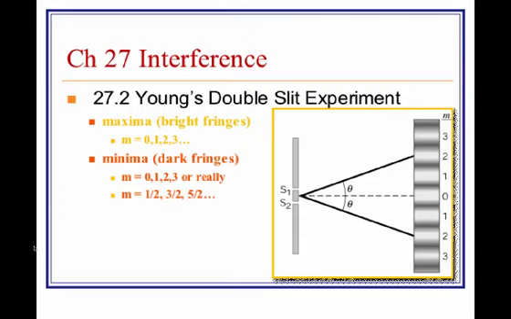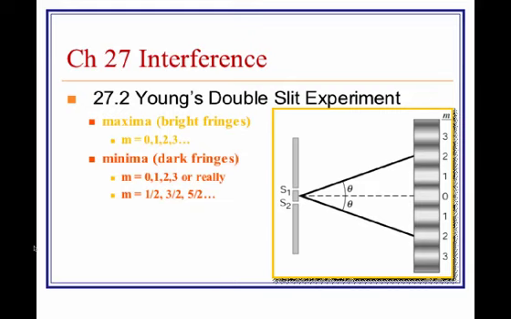As Young was able to find this wave nature for light, he determined these areas of maximum intensity on the screen where there was constructive interference, and minimum intensity where there's destructive interference. It's based on the two bands of light moving through each slit, and then they hit each other and interfere.